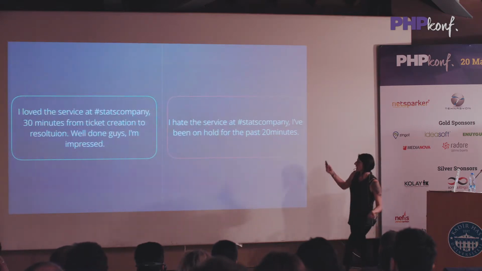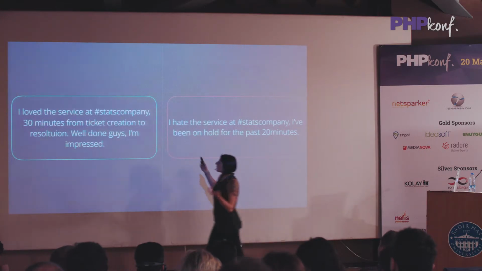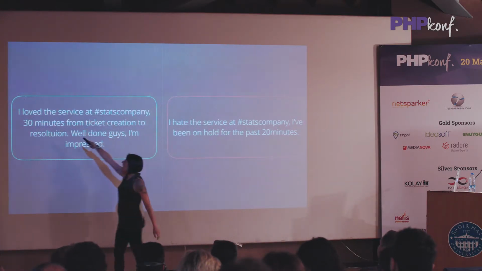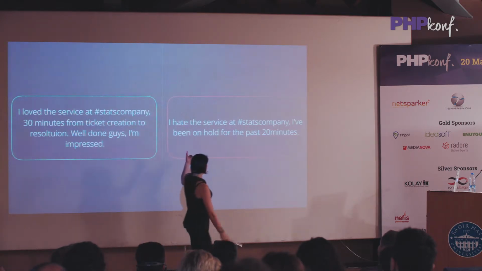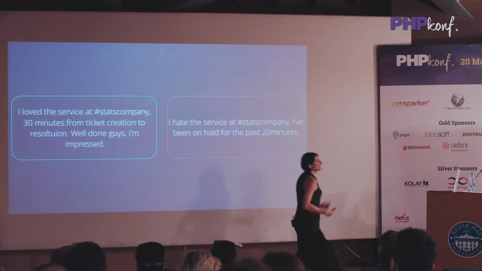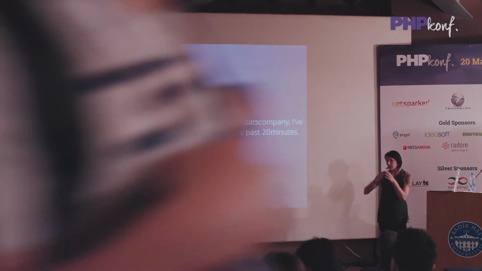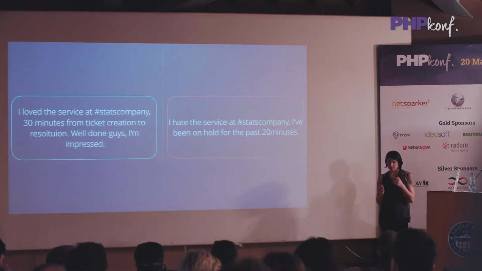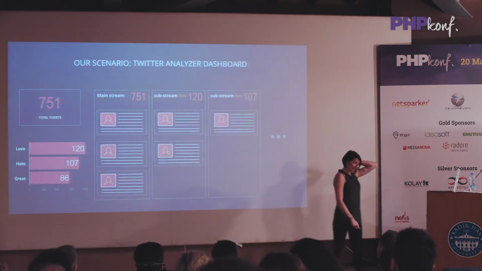So how can we figure that out? For example, we could scan for words like love, awesome, hate, or terrible, or frustrated. So we can scan for words like that and just analyze the number, the frequency with which those words are appearing.